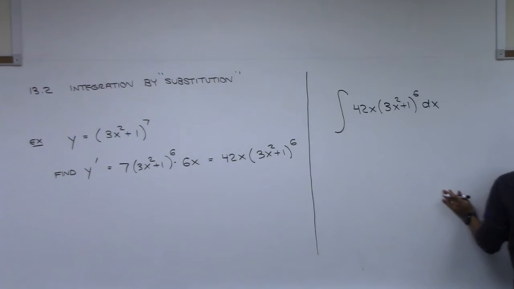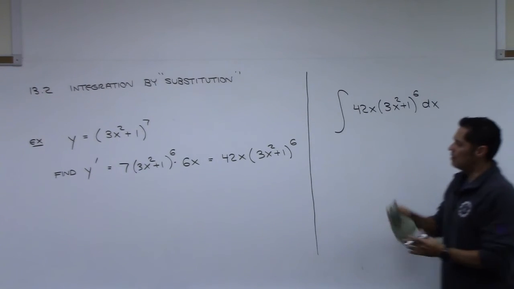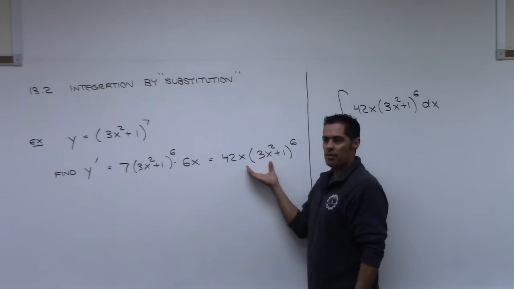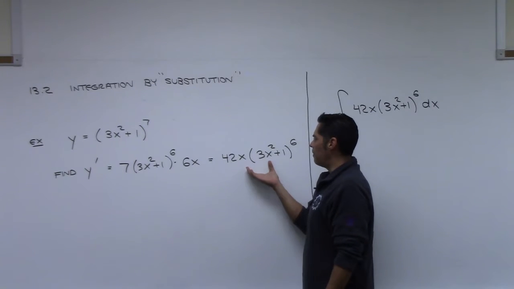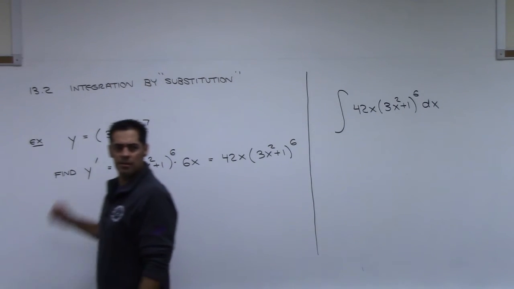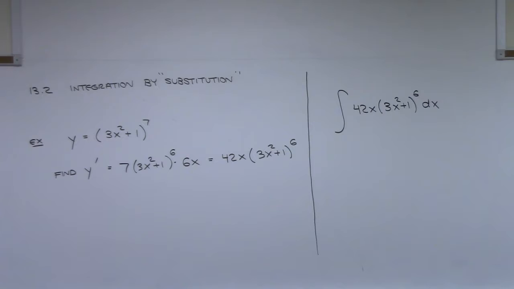How do I go backwards? See, this is the answer that we get when we take the derivative, right? How would I ever go from that back to this? You see the difficulty in it? I mean, that is not easy to see that the antiderivative of that is this.